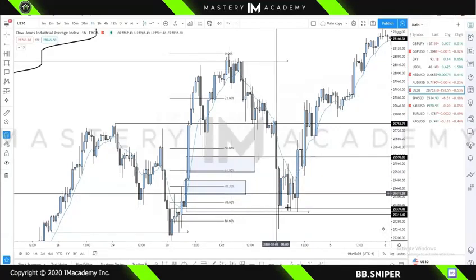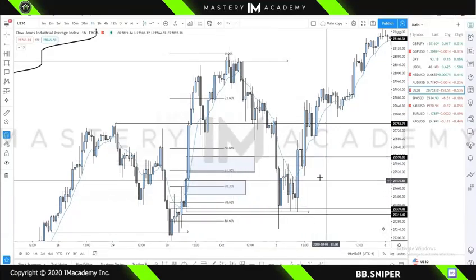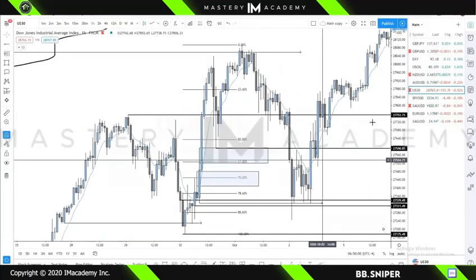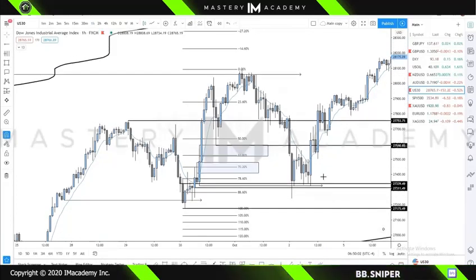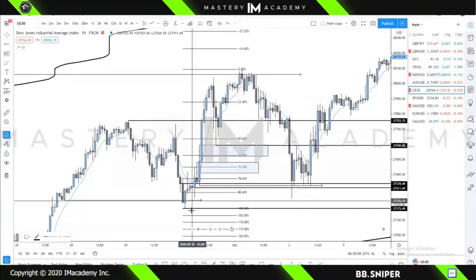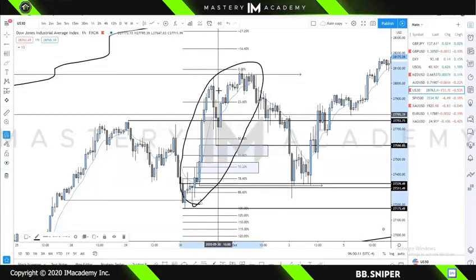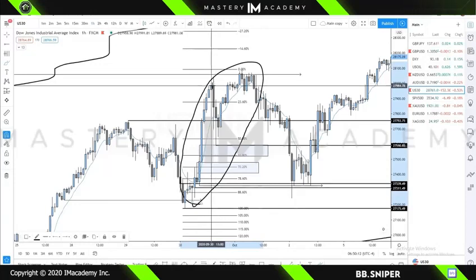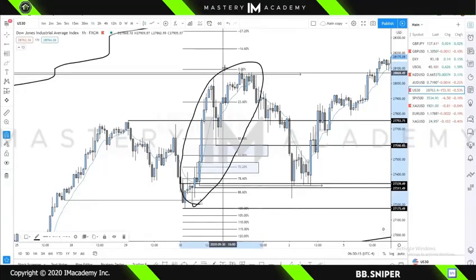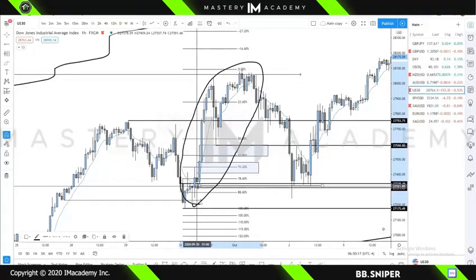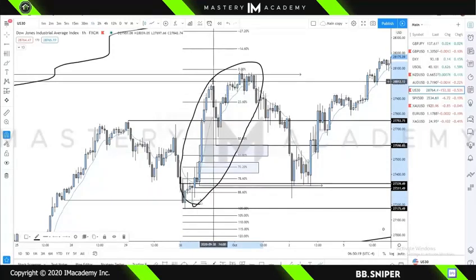Because now that it's captured all this internal liquidity, now what must it do? The reason it sought that internal liquidity is because, again, it understands there's buyers that got in on this move up. And so they're like, okay, since our objective is higher prices, we've got to take out some of those buyers before we move price higher.